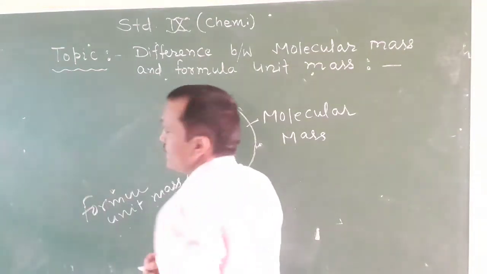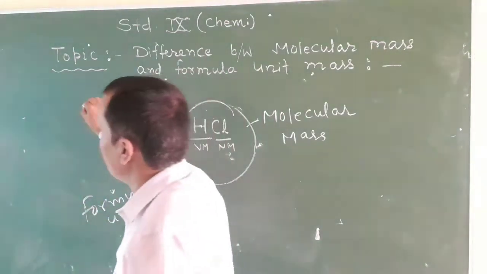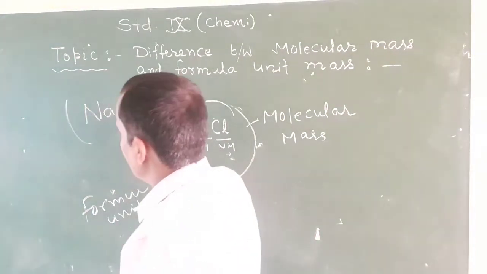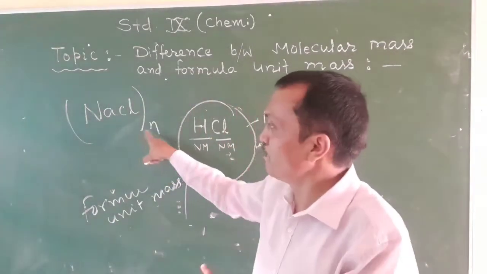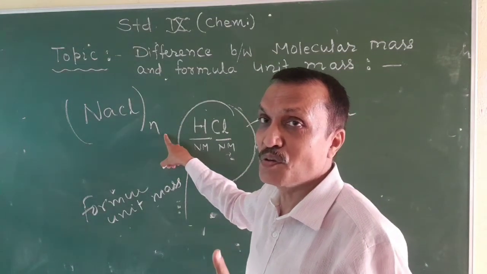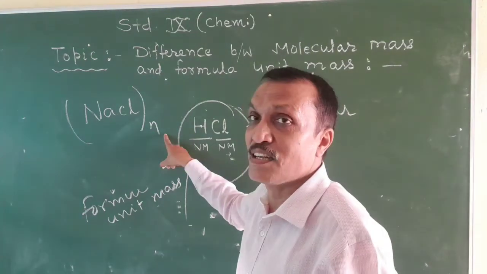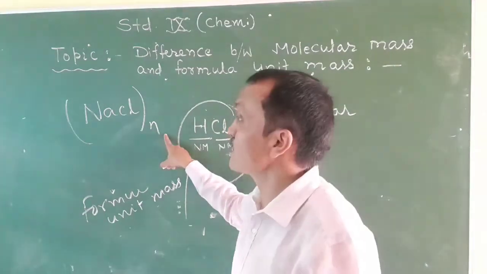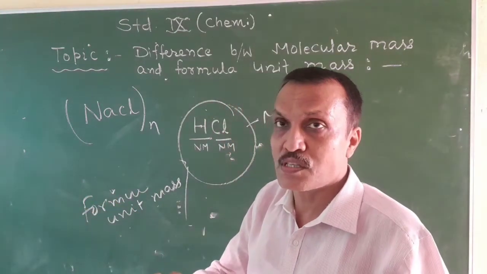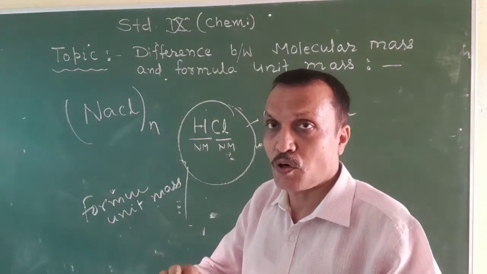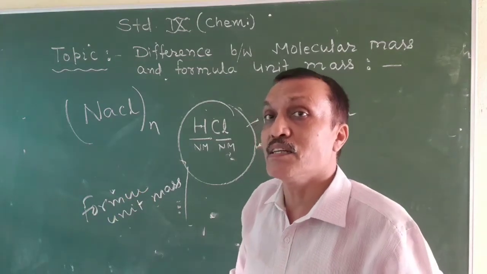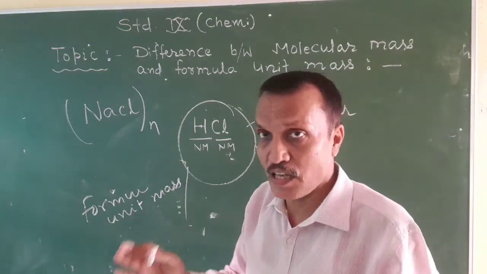So formula unit mass is used for ionic compounds because an ionic compound does not exist as a single molecule. They exist in lattices, meaning so many NaCl units together form a big network, and that big network is called a lattice.